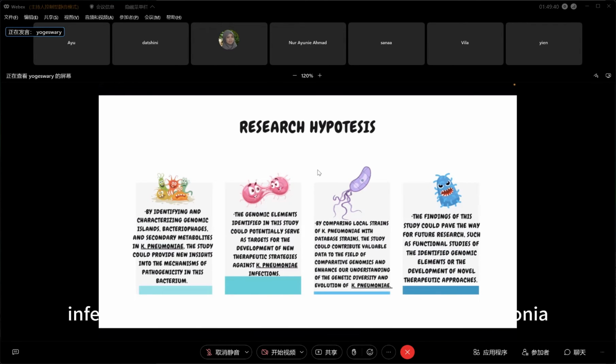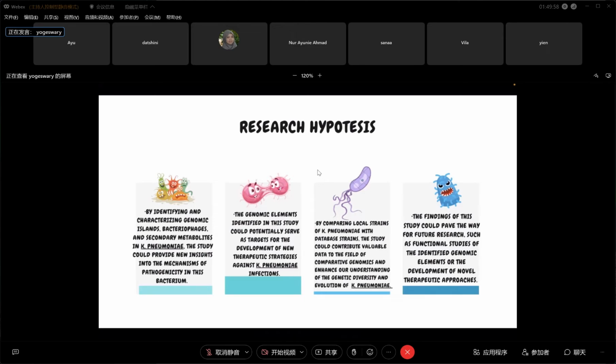By comparing local strains of Klebsiella pneumoniae with database strains, the study could contribute valuable data to the field of comparative genomics and enhance our understanding of the genetic diversity and evolution of Klebsiella pneumoniae.